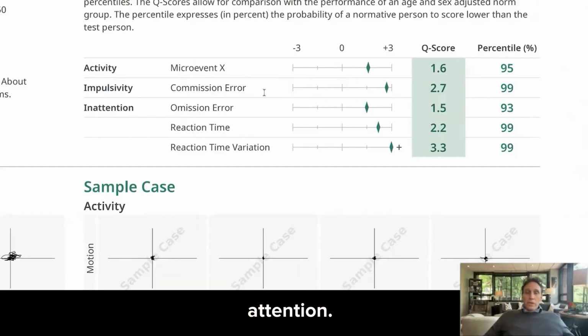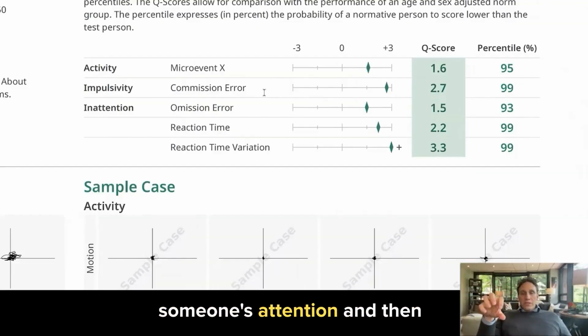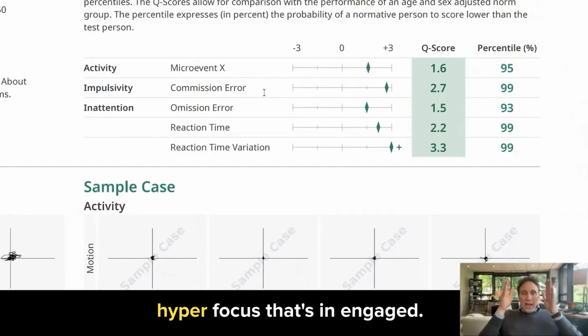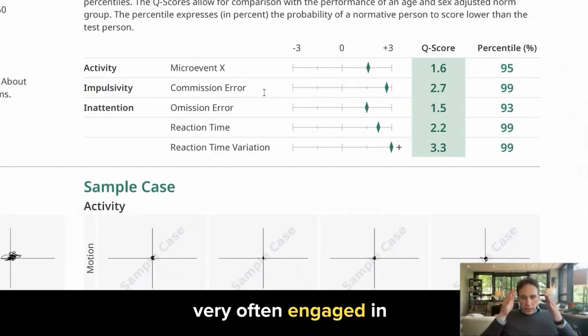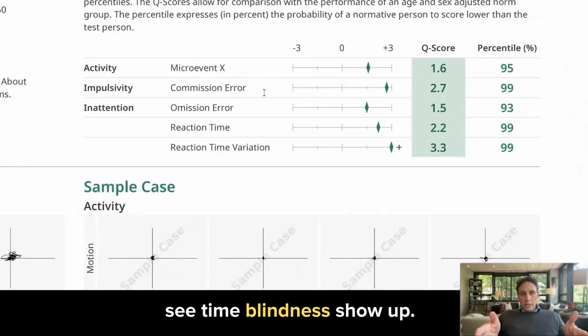grabs their attention. On the flip side of the coin is sometimes stimuli can grab someone's attention and then hold it hostage. And in that case, we might see a hyperfocus that's engaged. So in this instance, the person is very often engaged in something, may very well be productive, but it's also where we start to see time blindness show up.